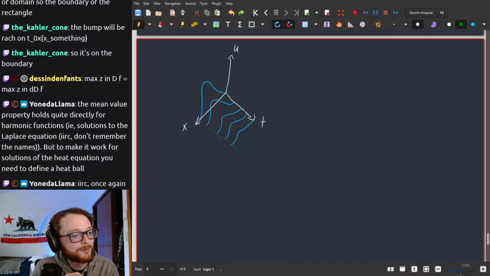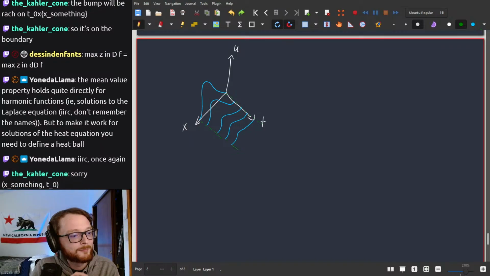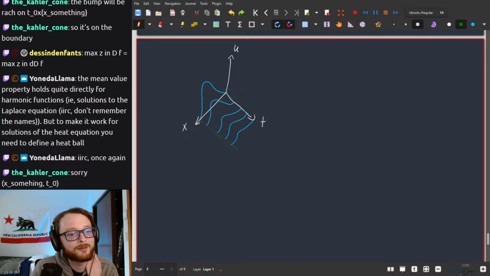On T0, because we're saying that T equals 0 is a boundary. This also counts, I guess.